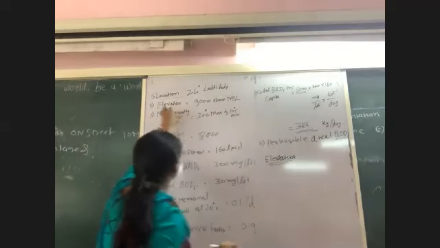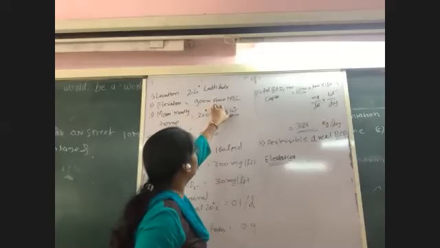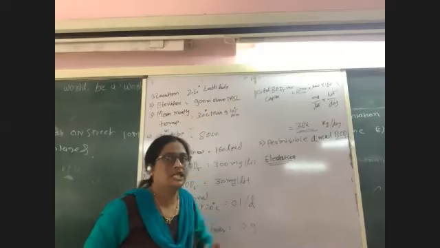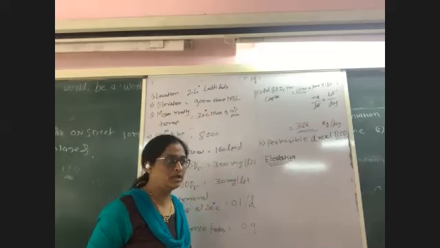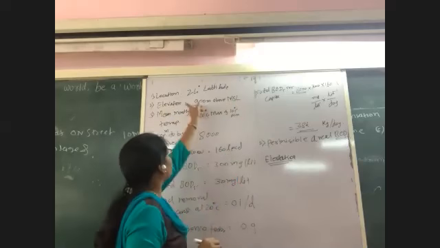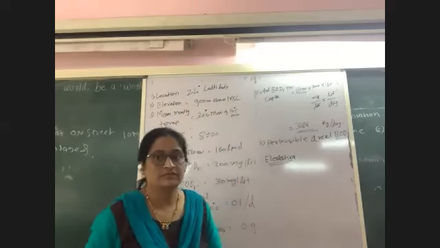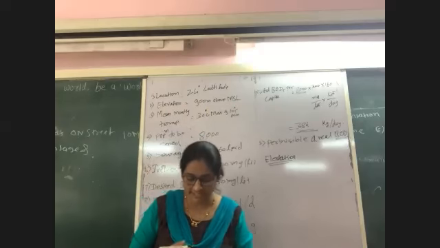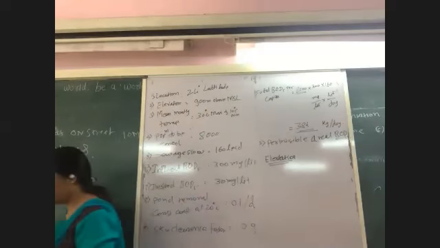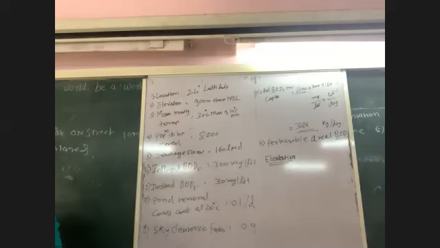So what is the elevation given to you? 900 meter above mean sea level. Now who will tell me the formula to find out the correction factor for the elevation? Someone please answer. Go back and see in your notebook, you have written.